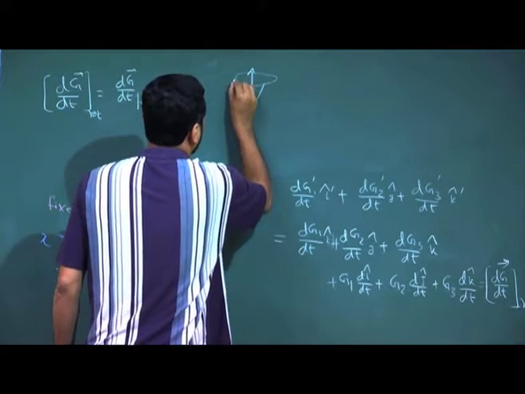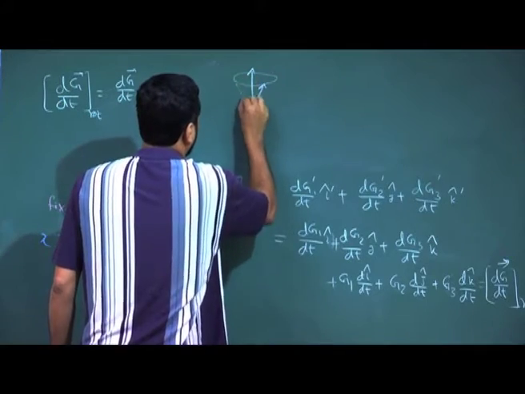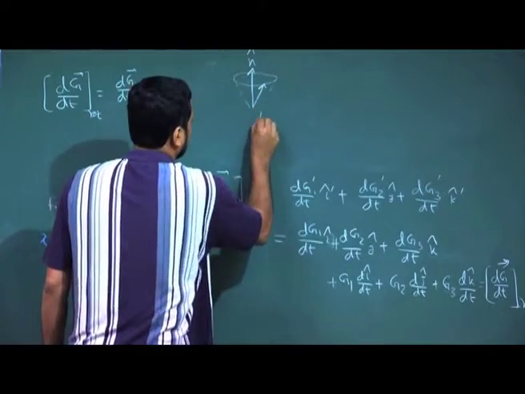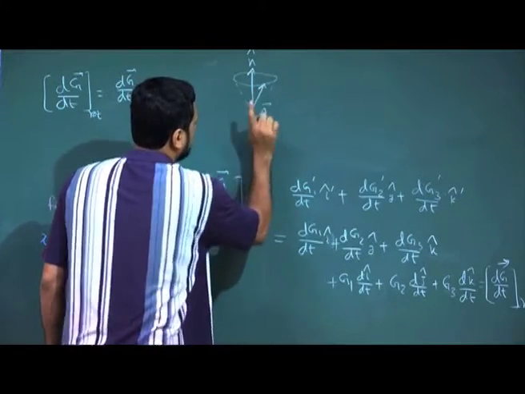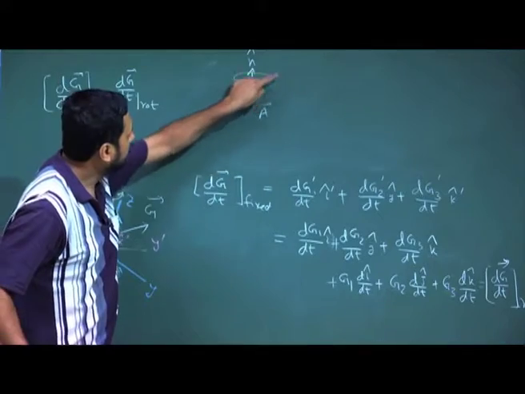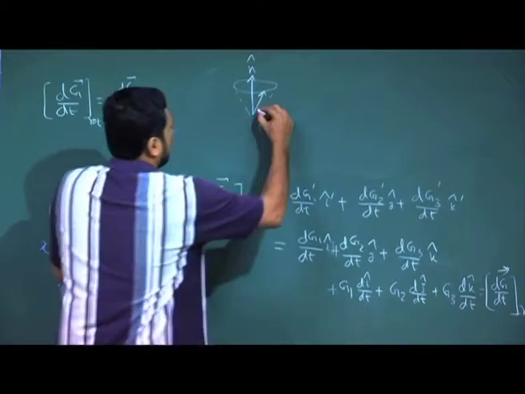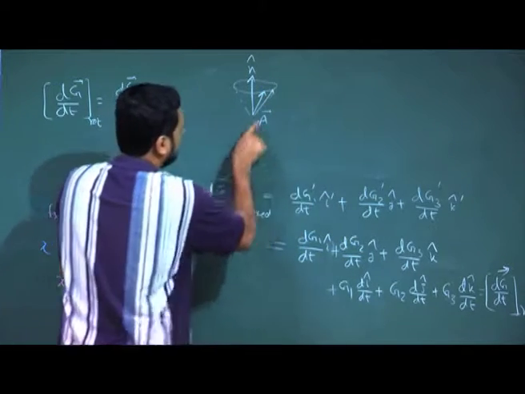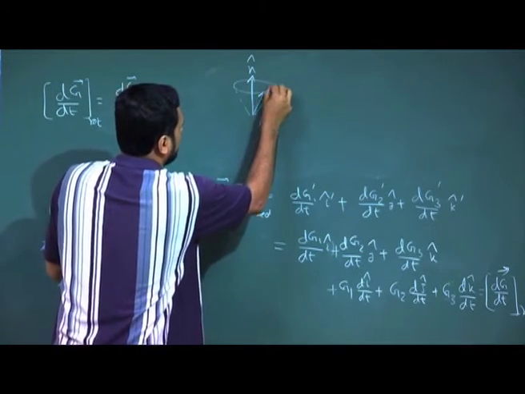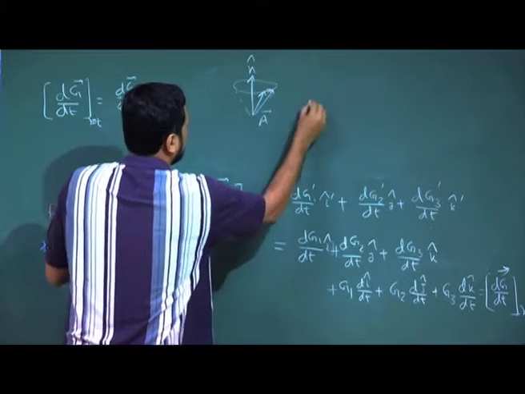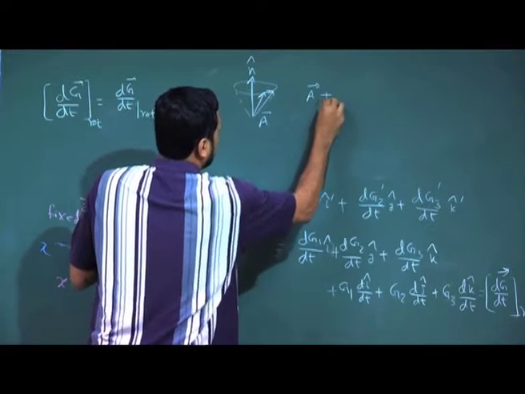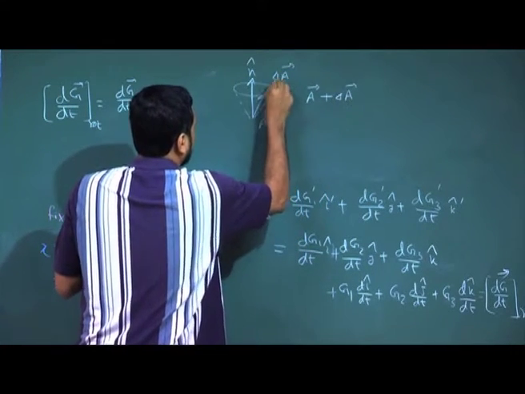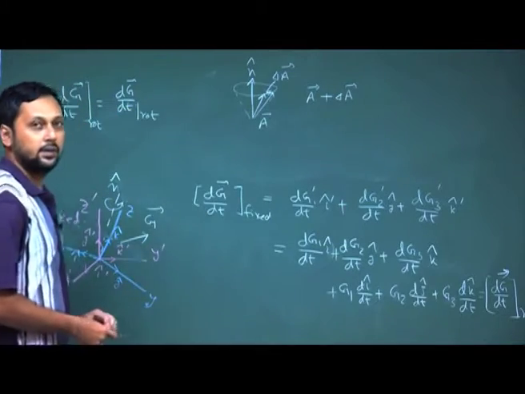Whatever happens, this is n and this is A, the tip of the vector A will remain on this cone, right. So, at a later time it will go here. Now, this vector is A plus delta A. Delta A is this one, right.